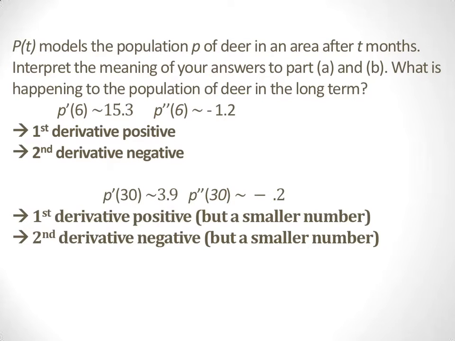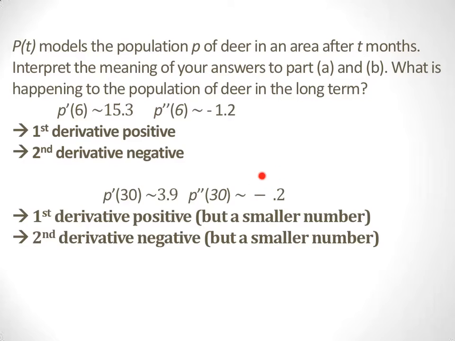So for the first set, at 6 months, the first derivative is positive and the second derivative is negative. So that means that the slope of the tangent line is positive, but that we are working with a curve that is concave down, which is saying that this is slowing down. So the rate of change of the first derivative is negative, so it is decelerating.